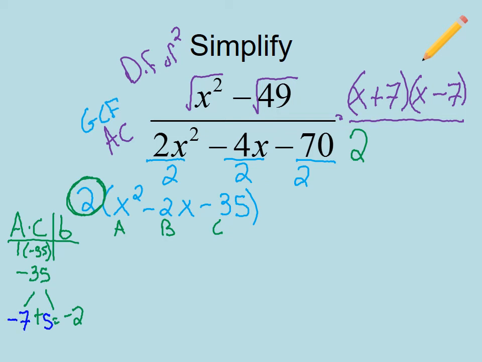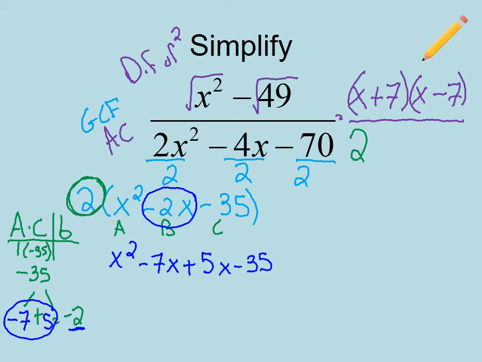So a negative 7 and a positive 5, those add up to negative 2, multiply to negative 35. This is going to replace this. So if I rewrite it, I have x squared minus 7x plus 5x minus 35.